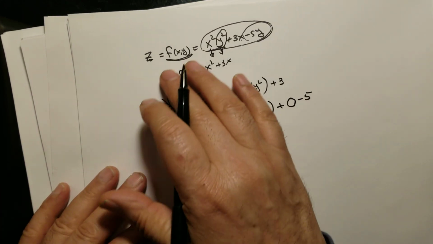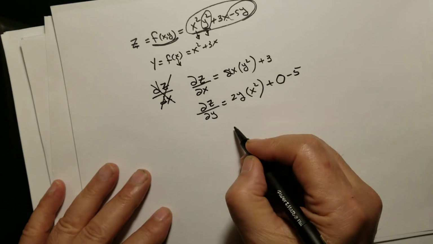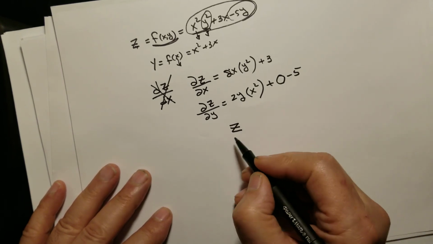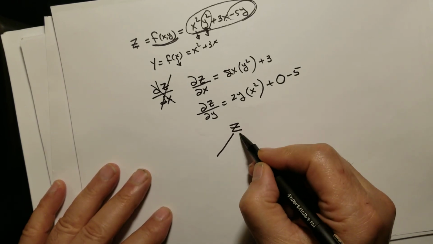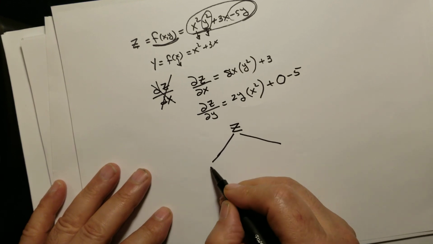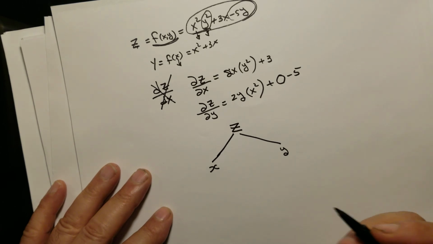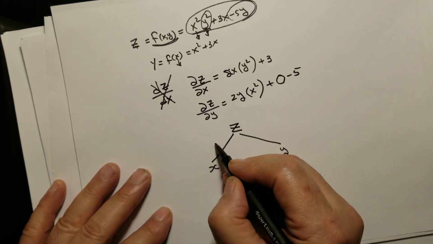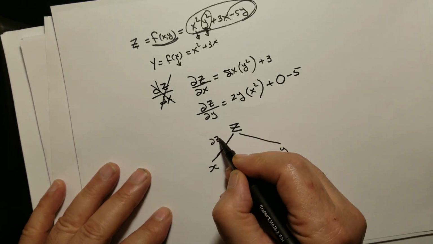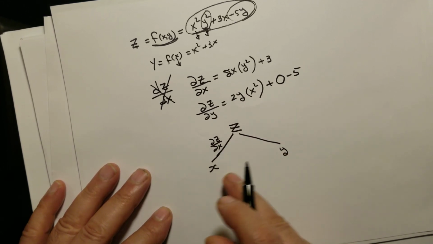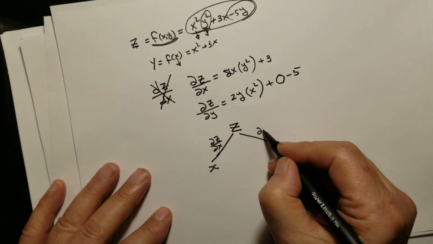We don't have any issue at this moment. Therefore, we do have a function z that uses two independent variables, x and y, but I have to use partial derivatives since you have two independent variables.